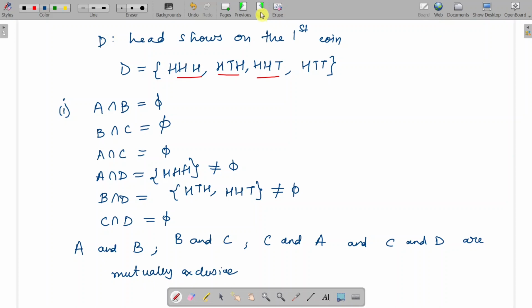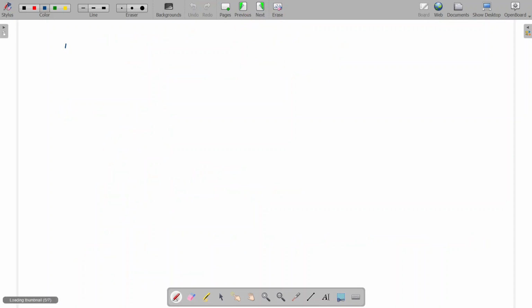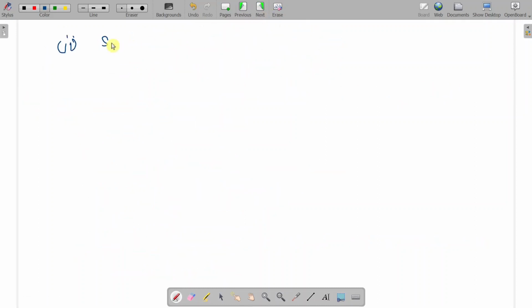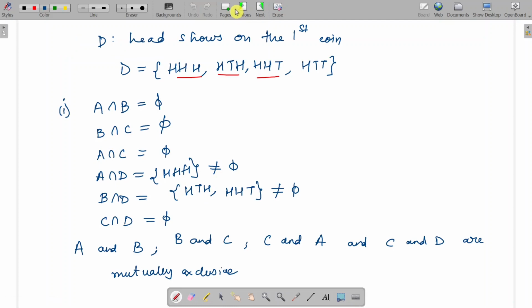Right, now let us look at the second question. We have to tell which events are simple here. Simple means events which contain only one sample point, or only one element, okay.